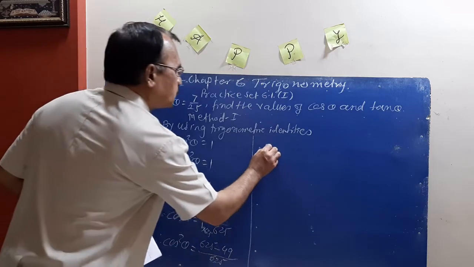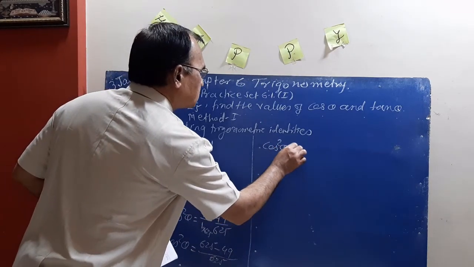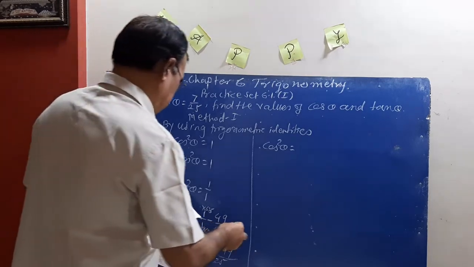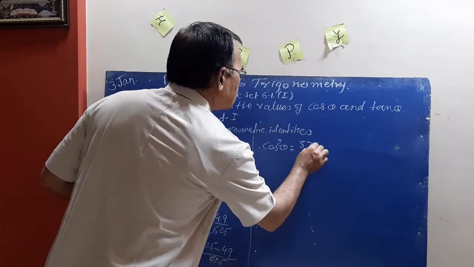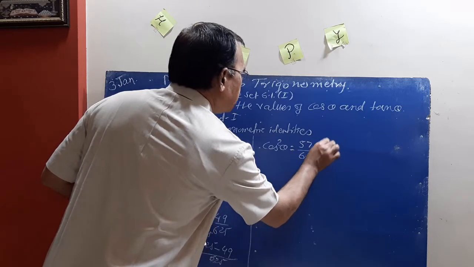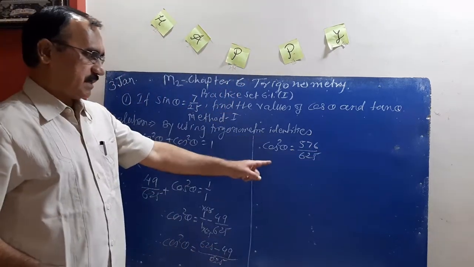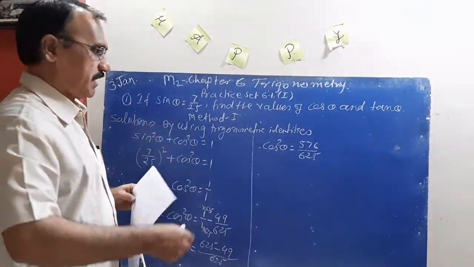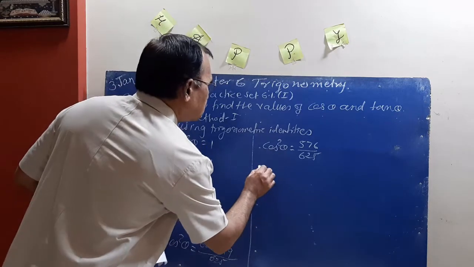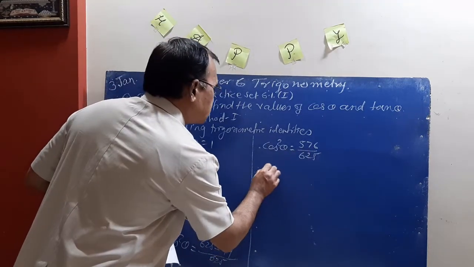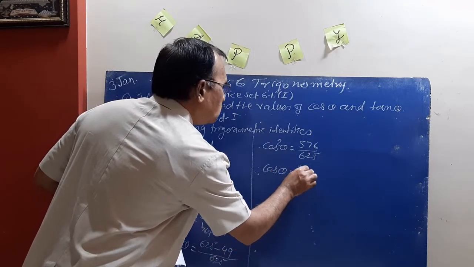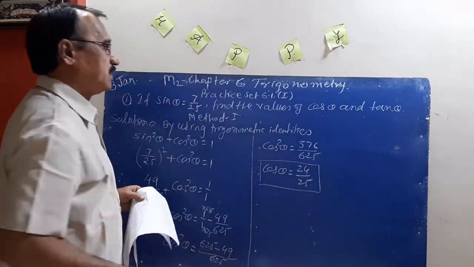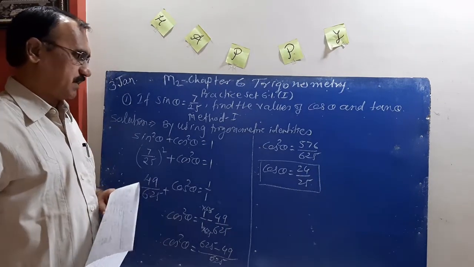Now cos square theta is 625 minus 49, that is 576, divided by 625. Cos square theta is equal to 576 upon 625. By taking the square root of both sides, all these are perfect squares, so cos theta is equal to 24 upon 25. This is the value of cos theta.